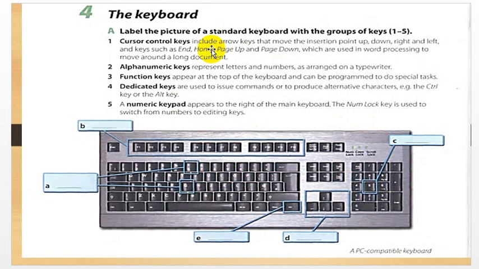Okay, cursor control keys include arrow keys and keys such as End, Home, Page Up, and Page Down, and they help you move around a long document. These are the keys and the different sections of a keyboard.